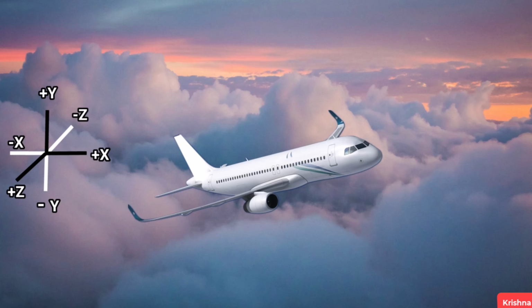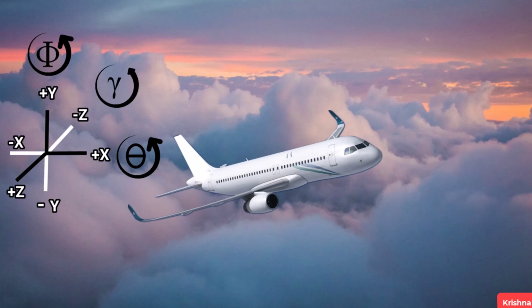It can also rotate about all the three axes. Let's say theta is the angular rotation about the x-axis, phi is the angular rotation about the y-axis, and gamma is the angular rotation about the z-axis.